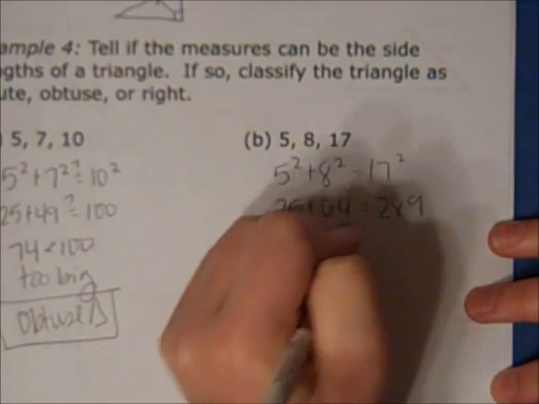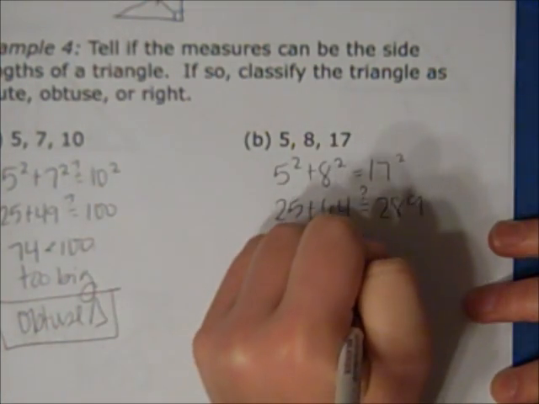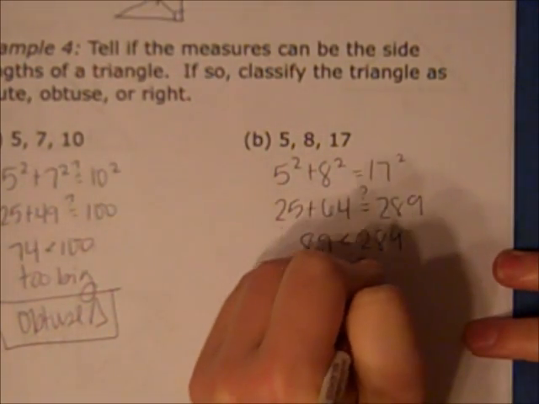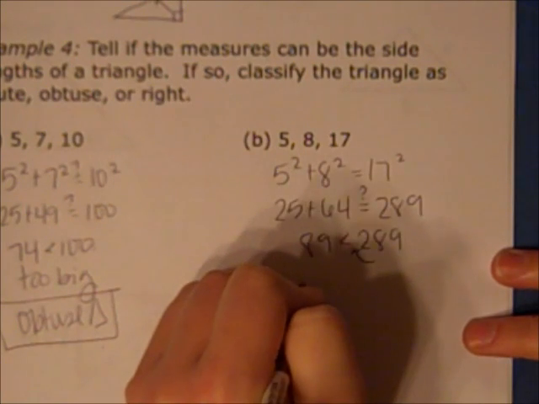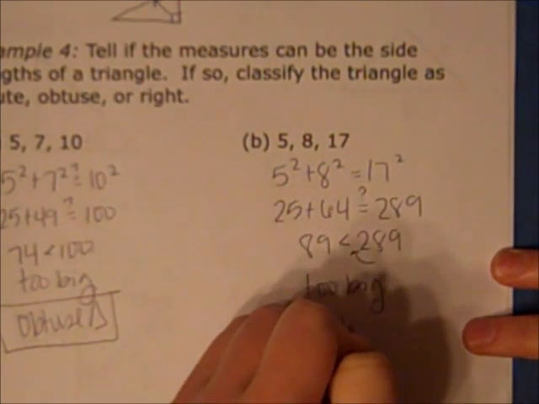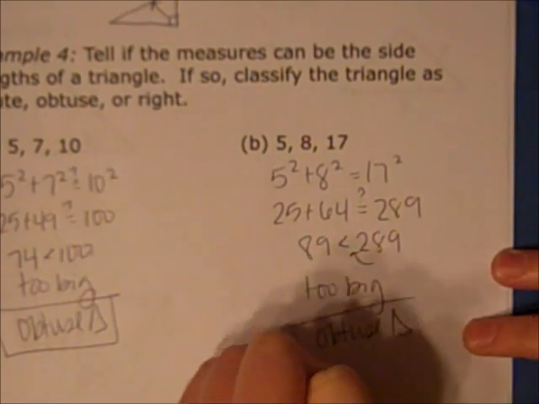So 89 is less than 289. So again, the hypotenuse is too big, so this is an obtuse triangle.